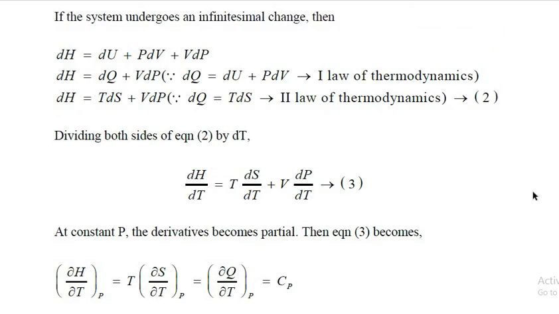I will show equation 2. For an adiabatic process, the dQ term will be 0 because heat remains constant in an adiabatic process, and for an isobaric process dP becomes 0.